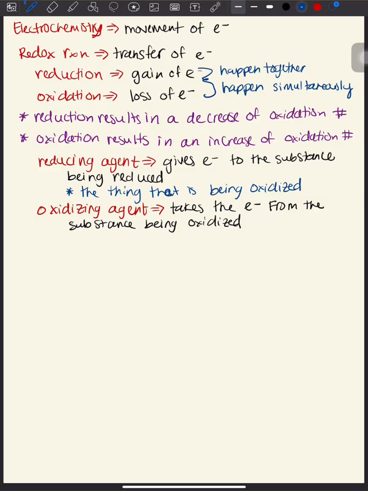So what that means is the oxidizing agent is the thing taking the electrons and it's causing the other species to be oxidized. So the oxidizing agent is actually the thing or the species that is being reduced.